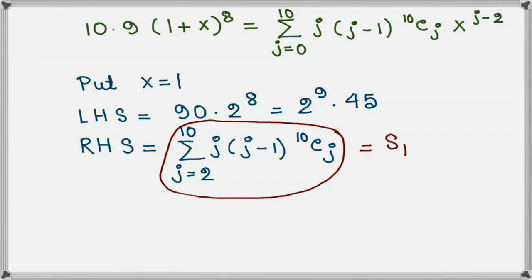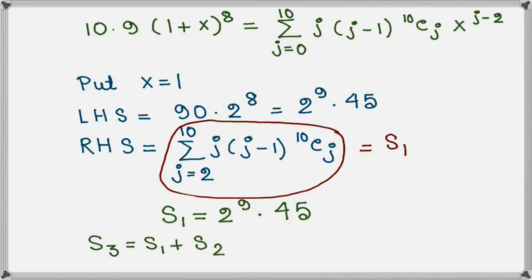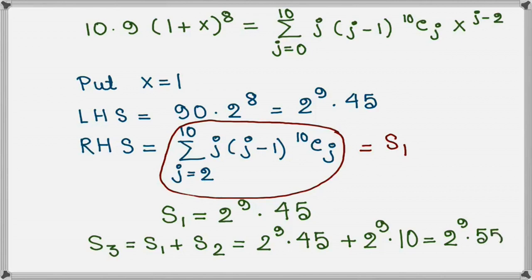So we have found that the value of the sum S1 is equal to 2 to the power 9 into 45, and as we know that S3 is equal to S1 plus S2, the value of S3 is equal to 2 to the power 9 into 45 plus 2 to the power 9 into 10, which is equal to 2 to the power 9 into 55.